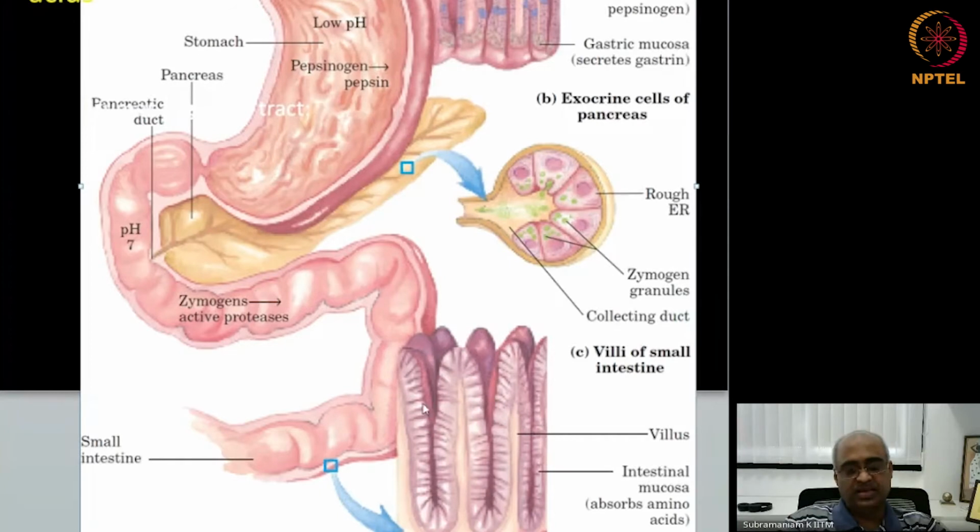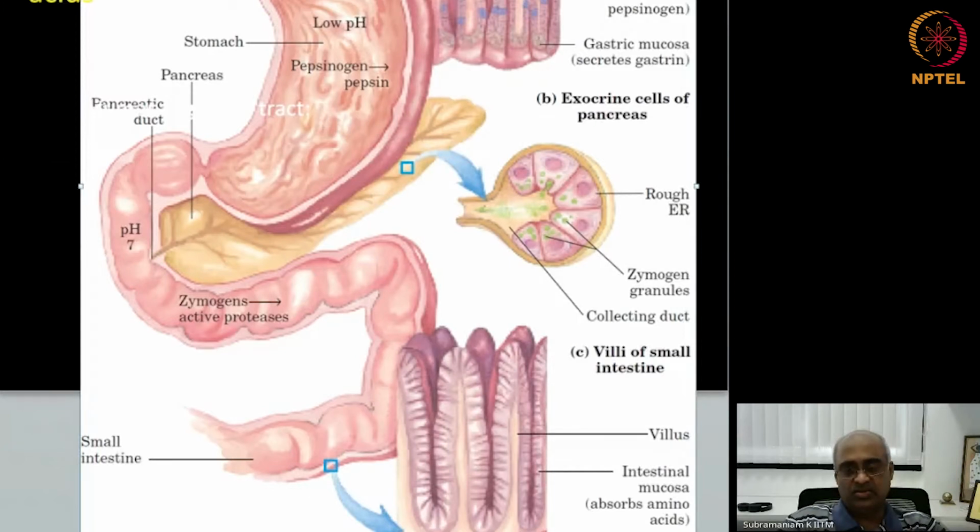See, this is the microvilli of the small intestine, a very large surface area compacted into a kind of folded tube in your abdomen. And here these intestinal mucosa cells, these lining cells, are the ones that absorb the amino acids.